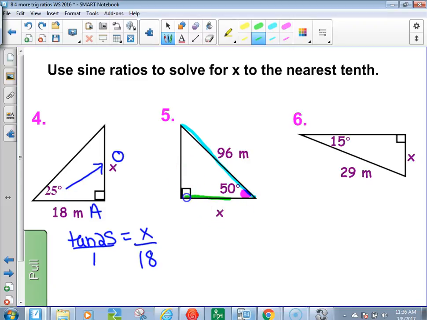This one is right next to the angle, so that's an adjacent side. This one's the hypotenuse. That's going to be A-H, that's your cosine. Cosine of 50 is going to be x over 96.